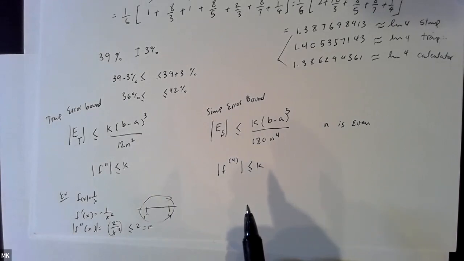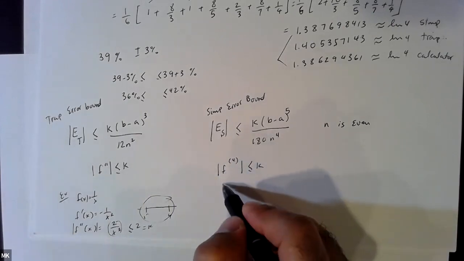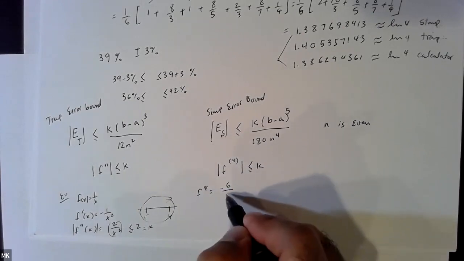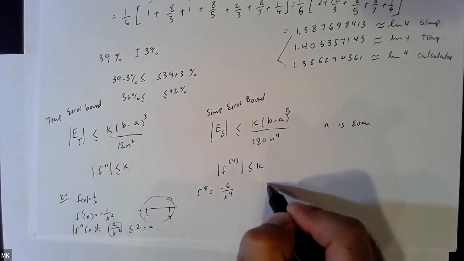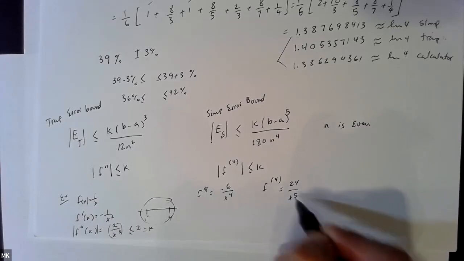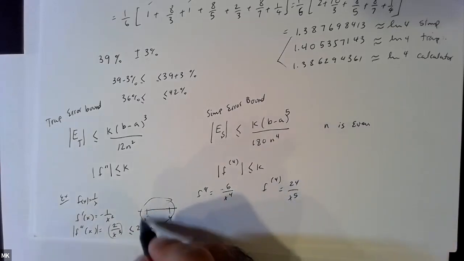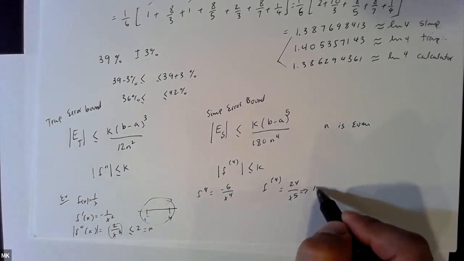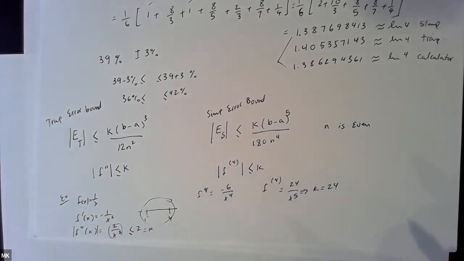For the fourth derivative, the third derivative is negative 6 over x to the 4, and the fourth derivative is 24 over x to the 5th. Once again, the highest value of it is at 1. So k equals 24 for this problem, or any number bigger than that, but 24 is the smallest.